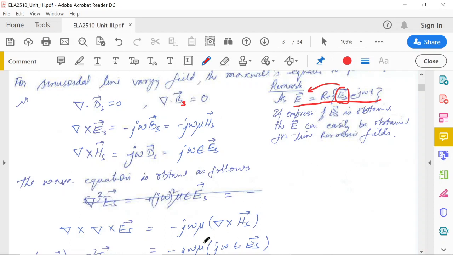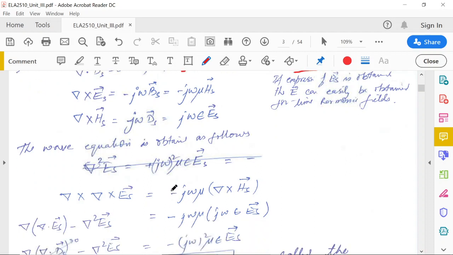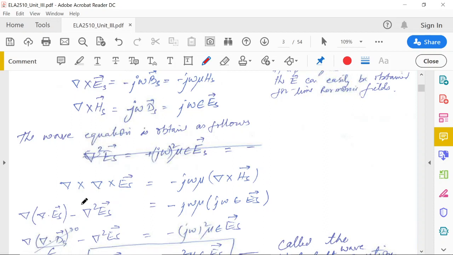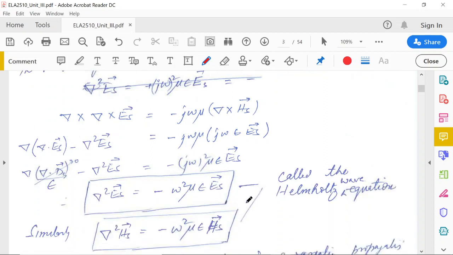Now to find the wave equation, using the same procedure, you pick up this equation, take the curl of it on both sides, and then find the wave equation. So again, going through the same process, you will obtain the wave equation. This is the wave equation: del square Es equals minus omega square mu epsilon Es.